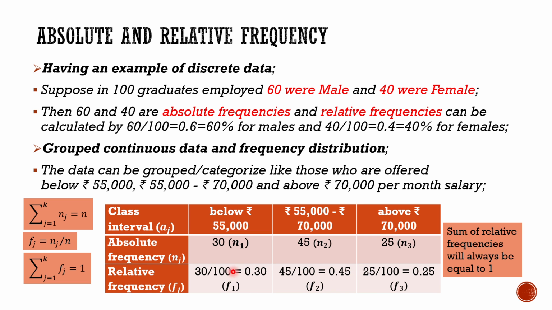As you can see, the relative frequency of class 1 is 0.3, 0.45 for class 2, and 0.25 for class 3. It means 25% of the sample are getting a package above 70,000. 45% are getting a package between 55 and 70,000, and 30% are getting a package below 55,000.